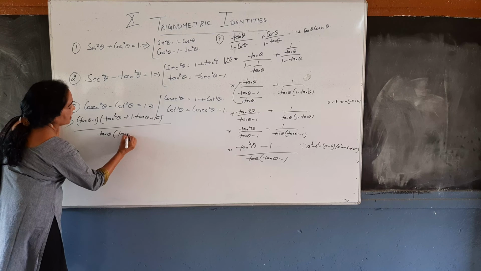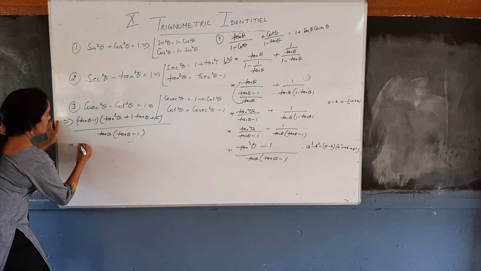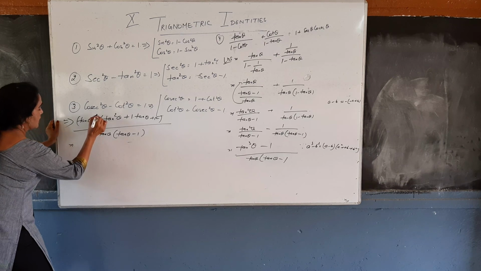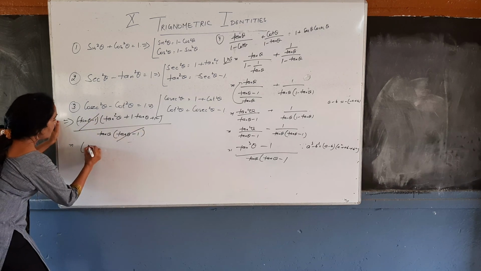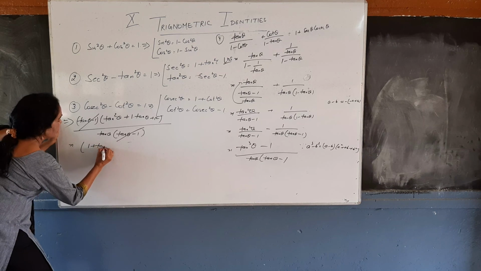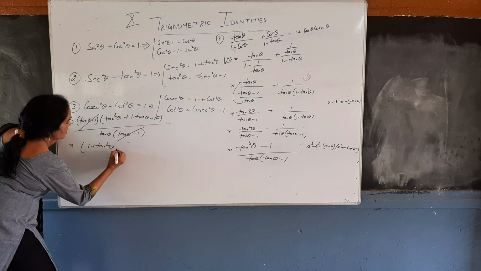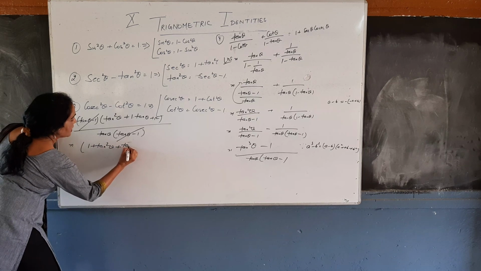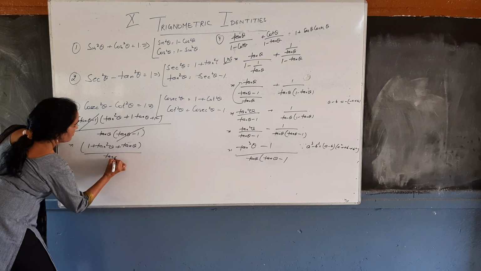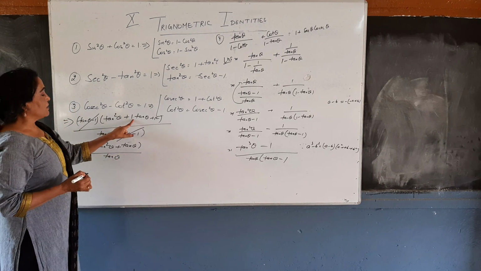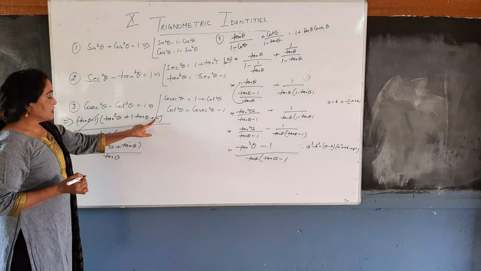Now further, this tan theta minus 1 cancels with this tan theta minus 1, and here you will get 1 plus tan square theta plus tan theta upon tan theta. See here, tan square theta plus 1 plus tan theta upon tan theta. Take 1 this side.